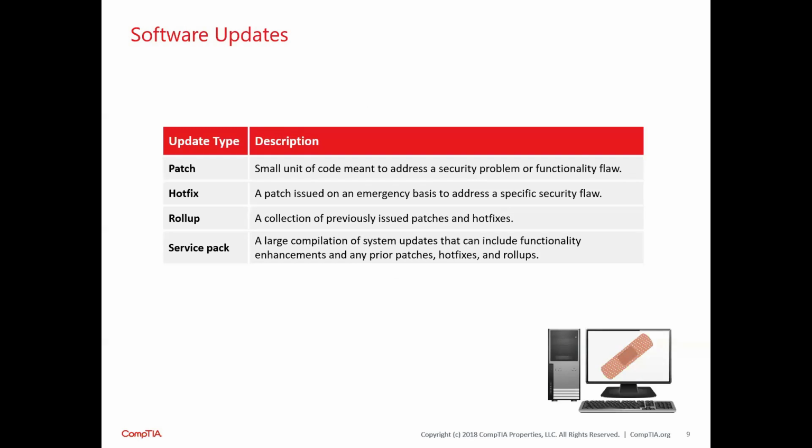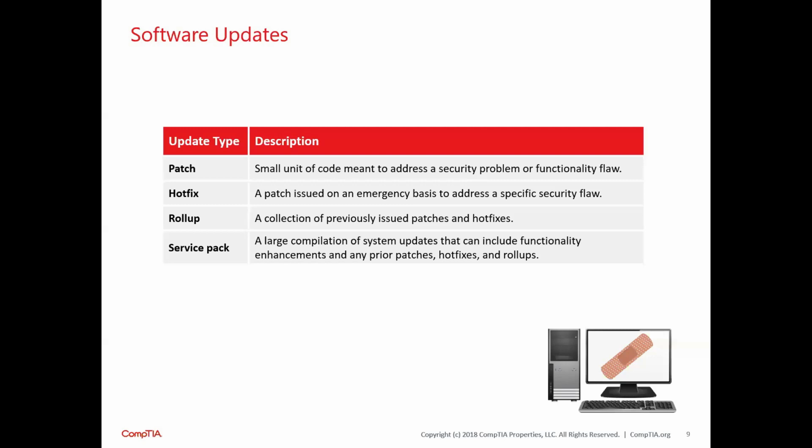And then we have the hotfix, which is normally a patch issued on an emergency basis to address a specific security flaw. So if there's any emergency patch that needs to be implemented, then you have to use the hotfix. Normally related to security.